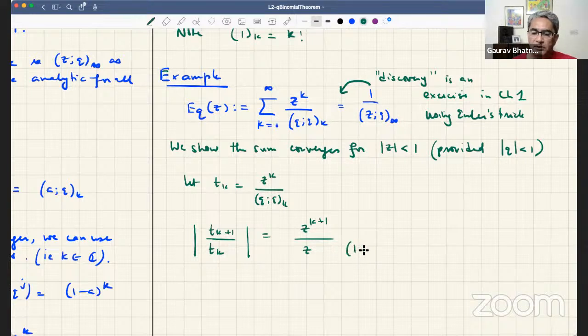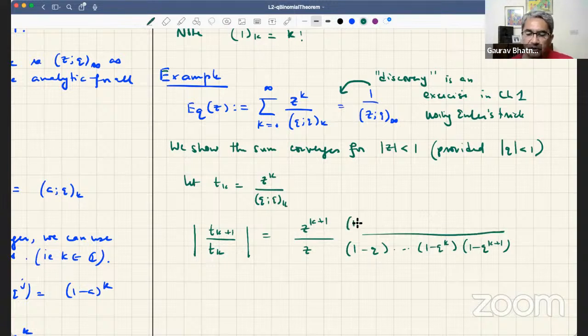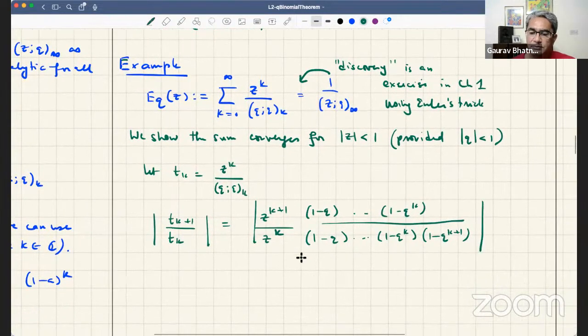At the bottom you have (1-q)(1-q^2) up to (1-q^(k+1)), which comes from (q;q)_(k+1), and on the top you have 1-q and so on up till 1-q^k. The whole thing is in absolute value.